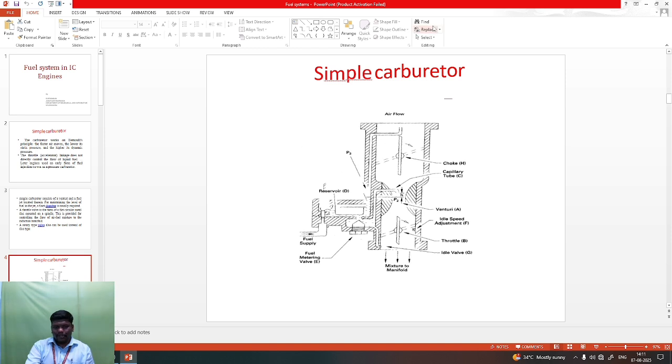Now let us see the process of the simple carburetor. First, fuel enters the float chamber, where it is stored. The float chamber is connected with the accelerator cable, so whenever we press the accelerator, it activates, like a floating device in water.